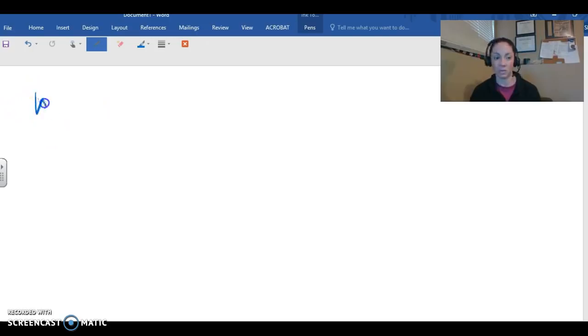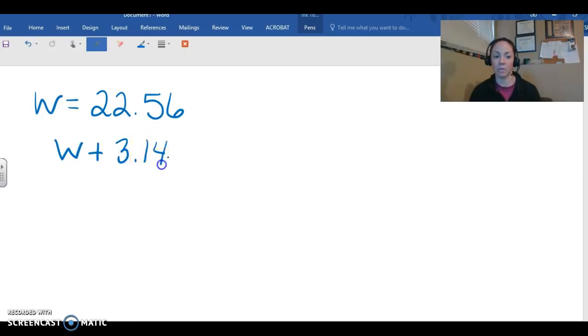So if you have w equals 22 56/100ths, is that a solution to w plus 3.14 equals 27? All right, just figure out if that's true or false.